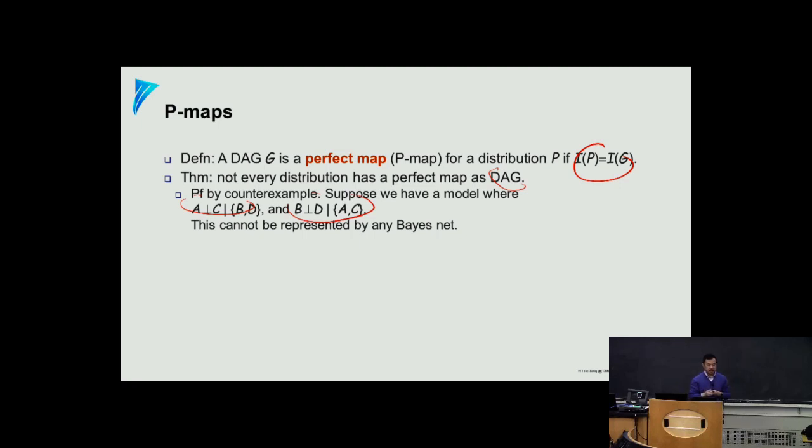It says that you have four random variables, A, B, C, D, and I want a probability distribution that satisfies these two conditional independencies. Now, I give you a constraint that you can only draw this in the form of a directed graphical model. How can you draw it? There are not infinite ways of drawing graphs over four nodes in the directed fashion. Maybe let's try this.